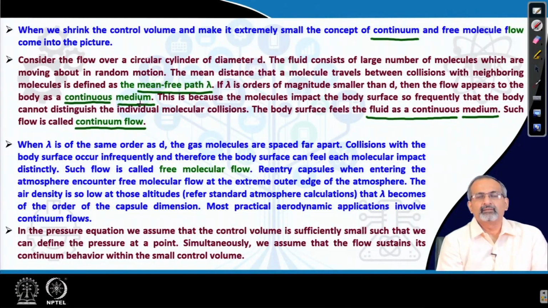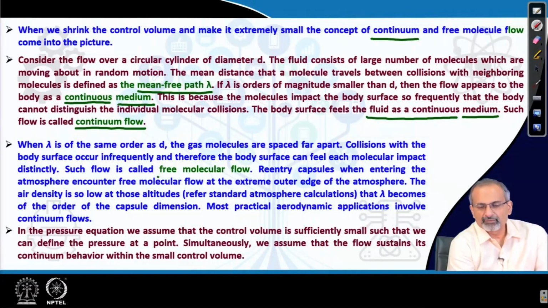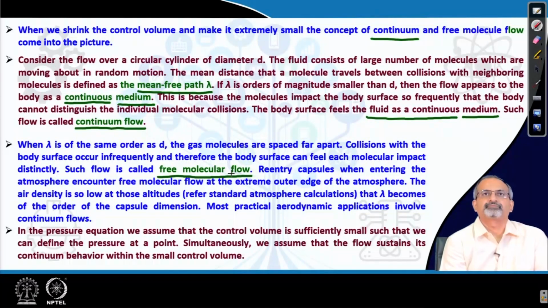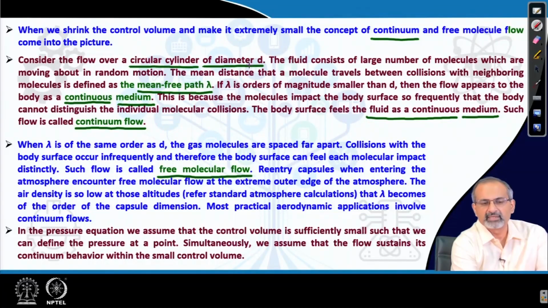Now, when this mean free path is of the same dimension as the body itself, then we have the so called free molecular flow. Here we have talked about introducing a small cylinder of diameter d into the flow and looking at whether the pressure felt by that cylinder is very abrupt, very discontinuous, or it behaves in a continuous manner.